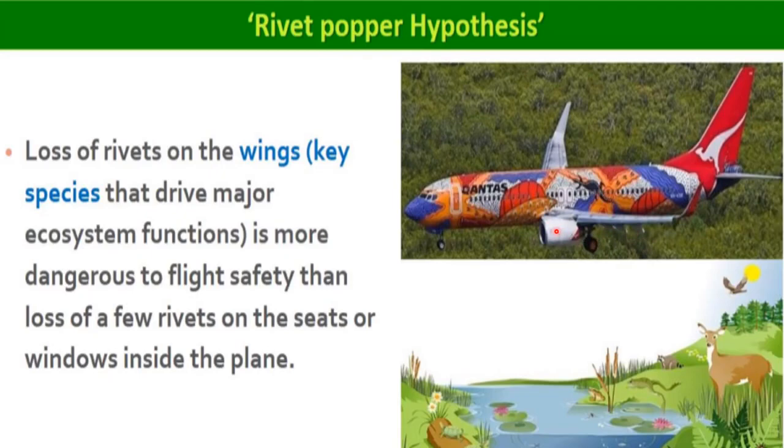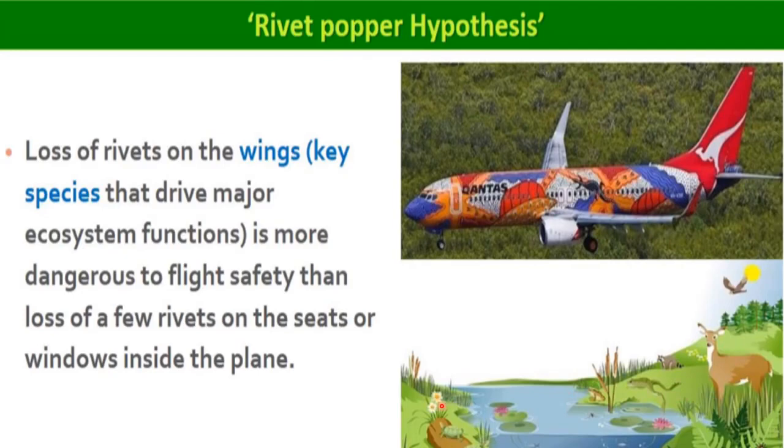That's why we say that the rivets present on the wings are like key species. Key species means some species in the ecosystem are more important than other species.